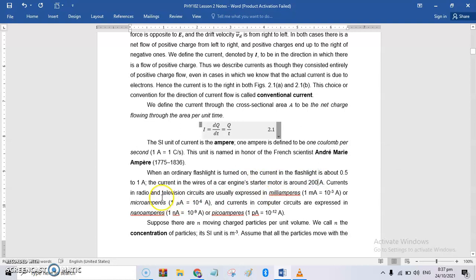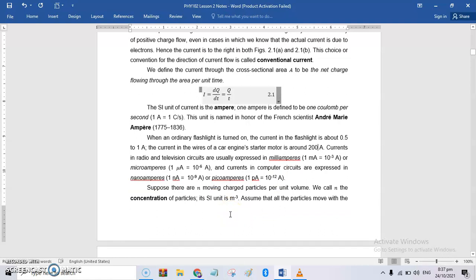Currents in radio and television circuits are usually expressed in milliamperes, or 10 to the minus 3 ampere, or microamperes. And currents in computer circuits are expressed in nanoamperes or picoamperes.